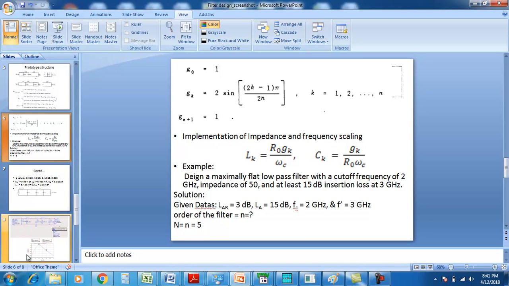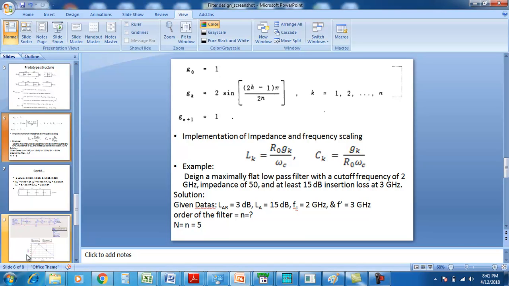Then we are going to implement the impedance and frequency scaling method. So if we implement the scaling, we are getting the original L and C values of the filter structure. For a low pass filter, Lk equal to R0 Gk by omega C. R0 is the characteristic impedance, omega C is the cutoff frequency.